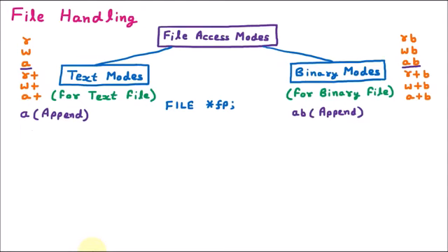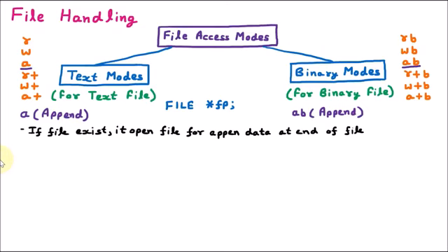In append we have two cases. Case number one: if the file exists, it opens the file for append, and at the end of the file data will be added. So if the file is there and some data is there, at the end of that new data will be added. So earlier data will remain, that means previous data plus the new data.